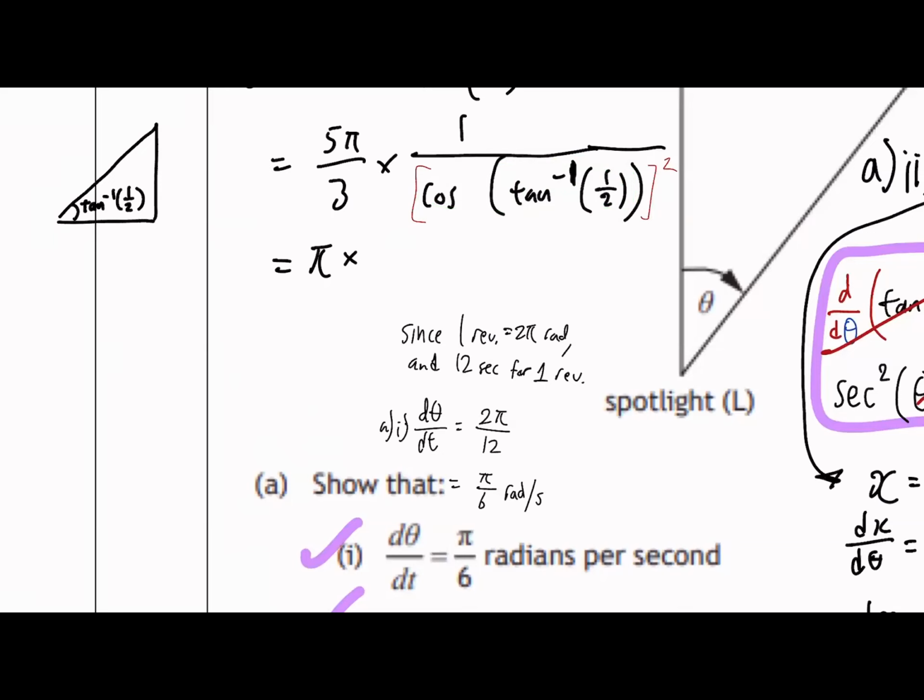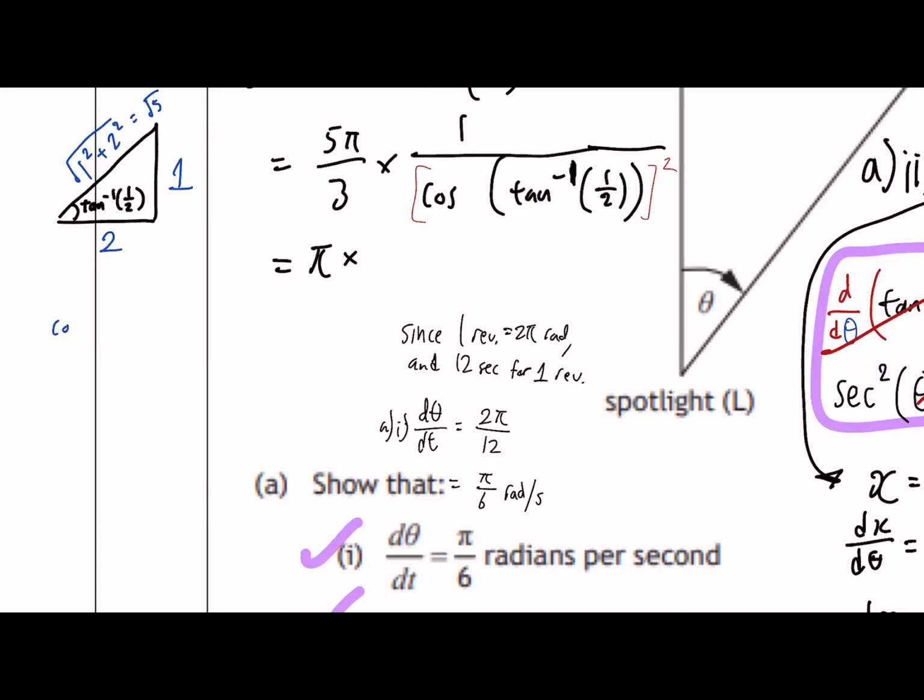Tangent theta equals opposite over adjacent. Tangent inverse of a fraction gives a theta, so the half must be opposite over adjacent. So it must be 1 and 2. And what's the hypotenuse? Square root of 1 squared plus 2 squared, root 5.